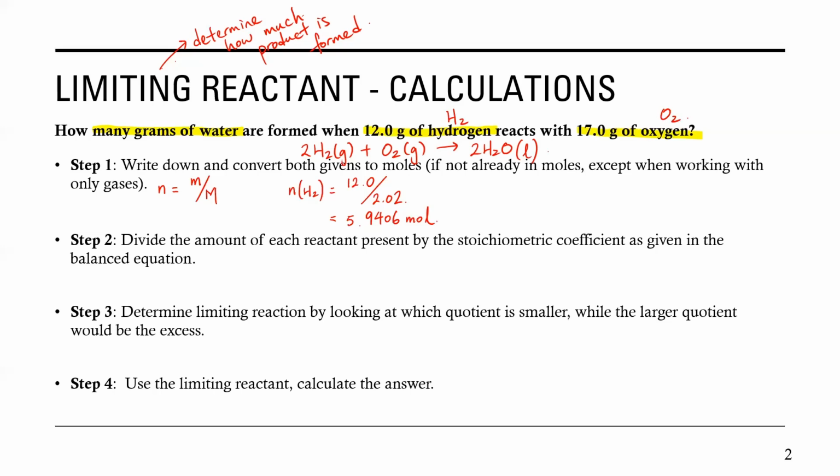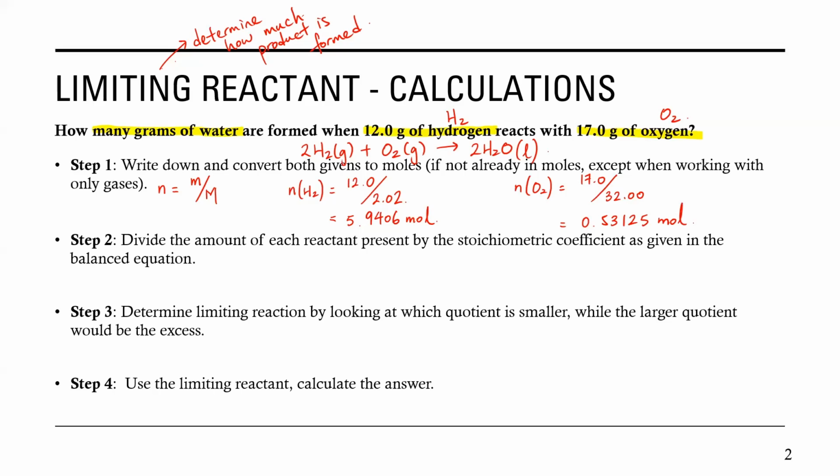And the next one will be oxygen. Oxygen is going to give us 17.0 divided by 32.00, because O2 has a molar mass of 32. So 17 divided by 32 gives us 0.53125 moles. Okay, so I have these two numbers of moles.